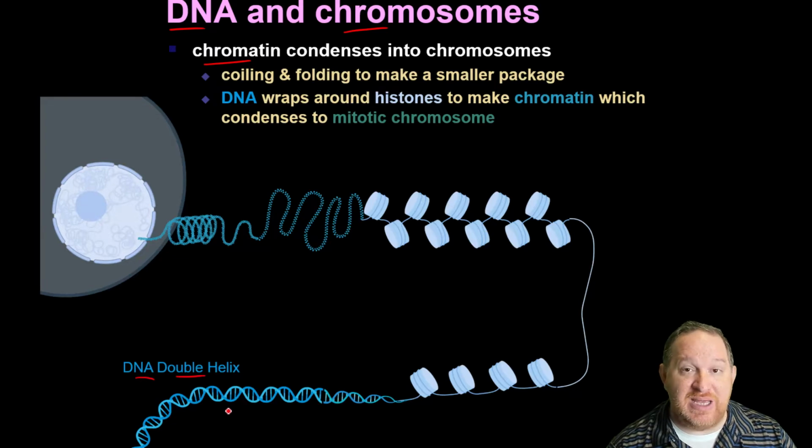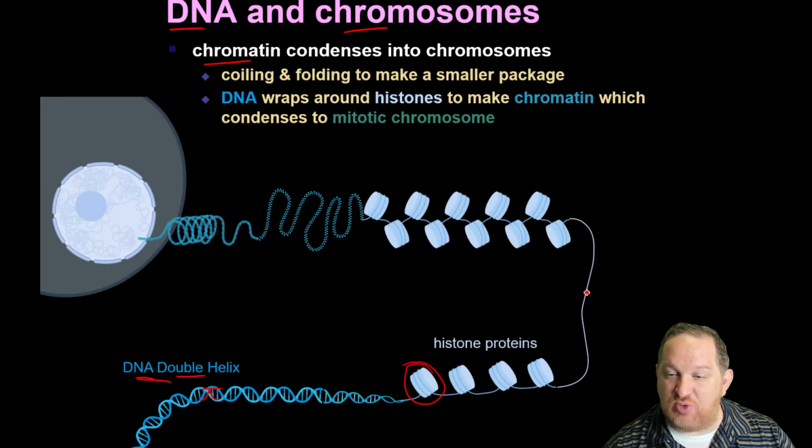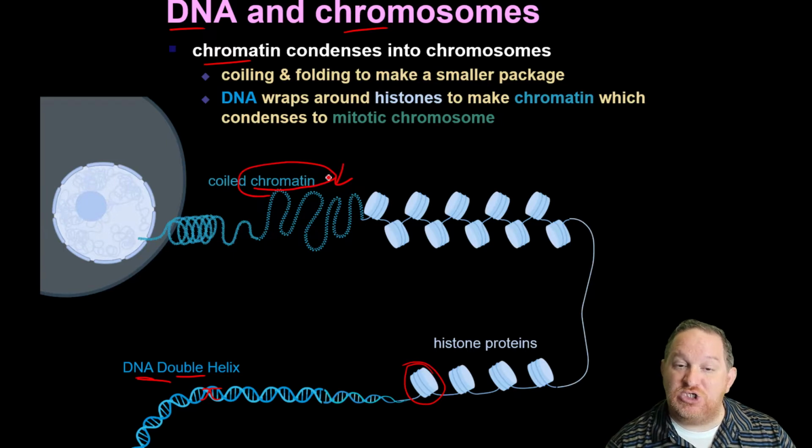You may remember DNA is a double helix, right? You see the one line, the two, in this helical pattern. This DNA wraps around these histone proteins. So the DNA gets wrapped around these proteins, then these things start to condense. This, when it's coiled, is now called chromatin. So, we got our first definition.